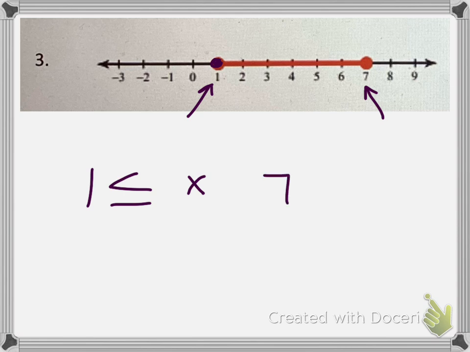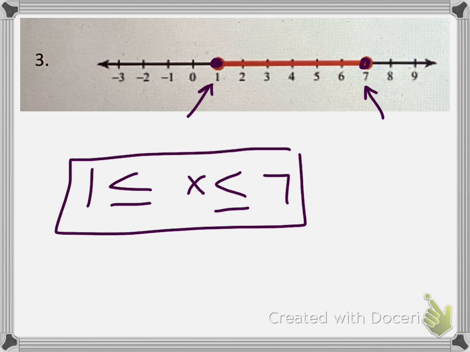And then I put down less than, it's colored in, so equal to. There is my and statement: 1 is less than or equal to x, which is less than or equal to 7. So only the numbers 1, 2, 3, 4, 5, 6, 7 will work to satisfy this. And remember, both of them have to work to satisfy it.